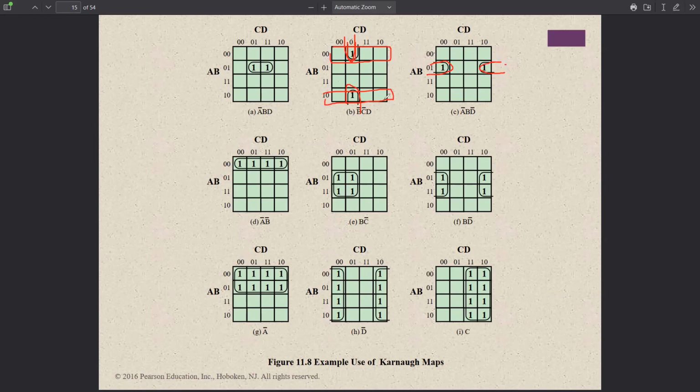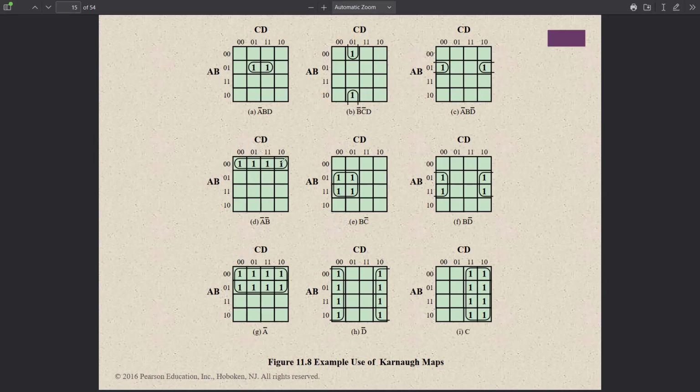It is okay. And as I mentioned last day, if there are two ones vertically, you can't circle them diagonally. Only vertically and horizontally you can group these ones, or where the function is true, right?